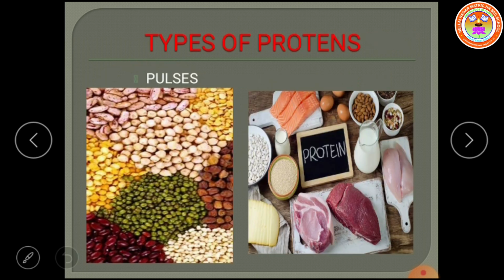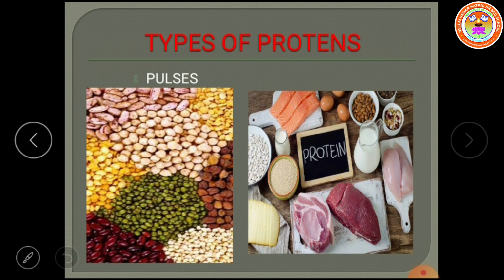We obtain proteins from different sources. You can see the sources of protein: pulses from plant origin, soya bean, chickpea, green gram, red gram, kidney beans, and the different types of pulses which provide protein. From animal sources: milk, egg yolk, egg white, meat, fish, almonds, and nuts.